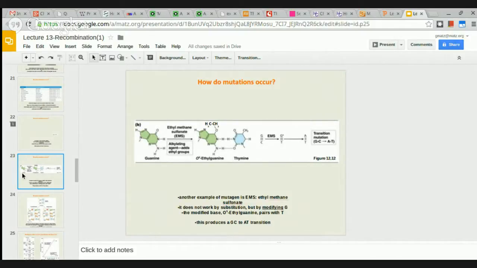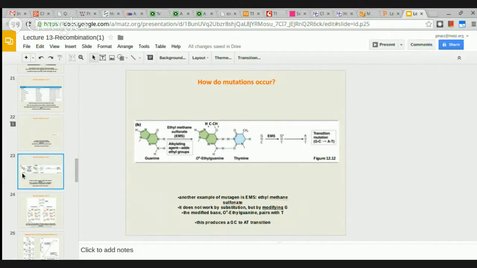So that was one example of a mutagen. And another example, the mutagen that's commonly used is EMS, ethyl methylsulfonate. And that modifies G to form a modified base called O6-ethylguanine, which will steal some electrons here away from the oxygen and lead to a modified G that pairs with T instead of pairing with C. So it does 2 hydrogen bonds and it pairs with T. And that's the way you write that.